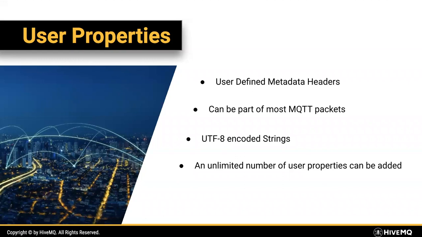Now MQTT allows you to put any data in the packet without it being in the payload. So similar to HTTP headers, you can parse them and use them for custom logic, which even allows you to build custom protocols on top.